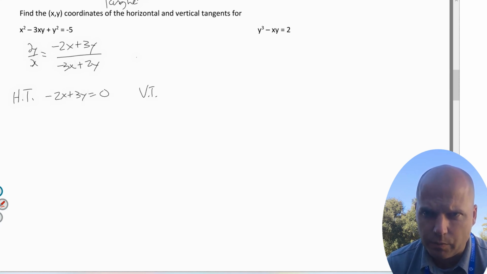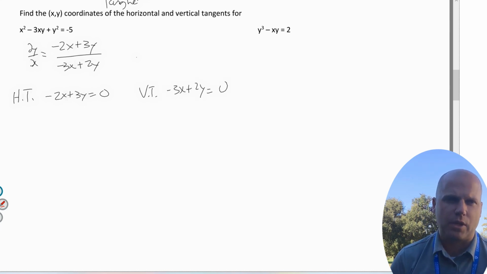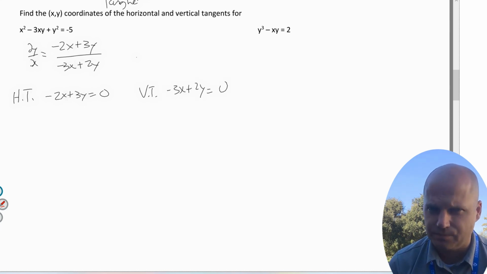The vertical tangent will be when the bottom equals 0. What the heck do we do here? Well, we've got to solve for a variable and plug it back in. Now, this is not easily done.